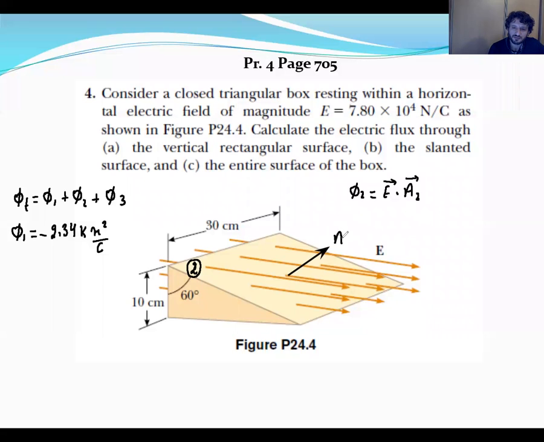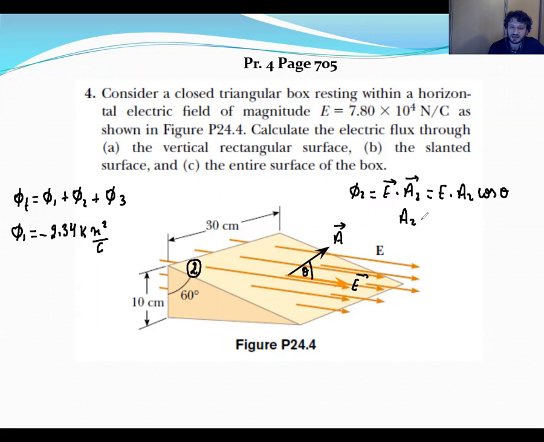Here we have A, and here we have E. The angle between them equals theta. So flux 2 equals E A2 cosine theta.